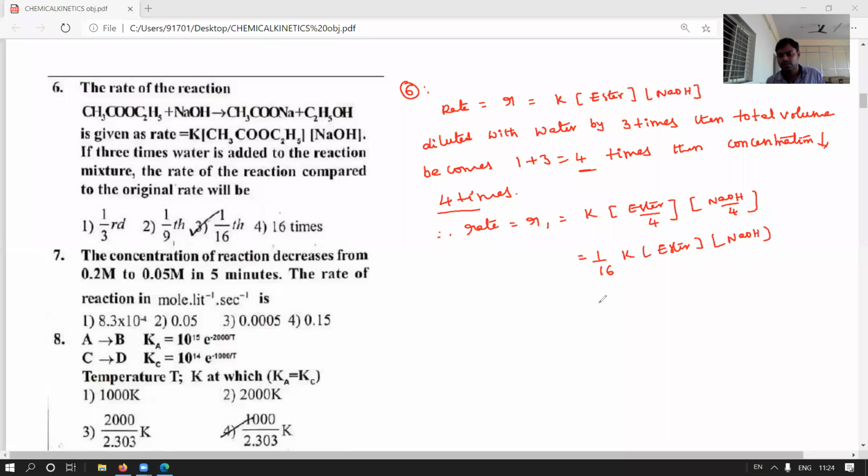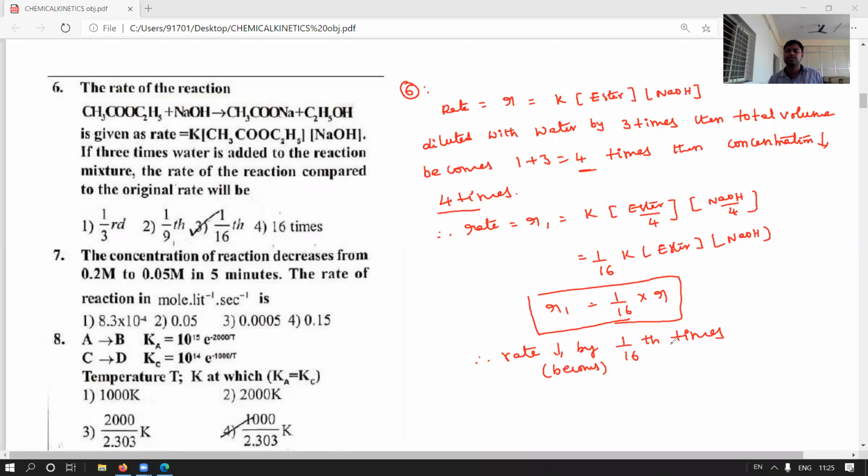So R1 equals 1 by 16 into R. Therefore the rate is decreased by 1 by 16th times, meaning the rate is decreasing by 16 times.